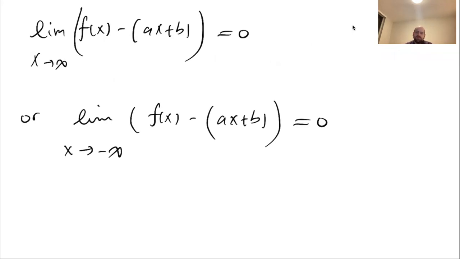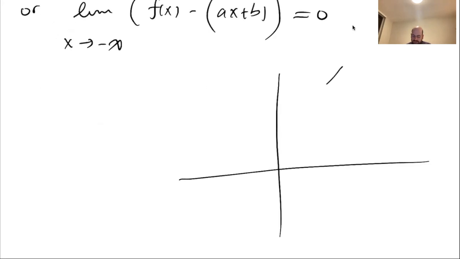This was the concept we used for horizontal and vertical asymptotes, and the same concept applies here. So if f of x gets closer and closer to ax plus b as x goes to infinity, the difference between them gets closer and closer to 0, meaning that this limit of the difference has to be 0.